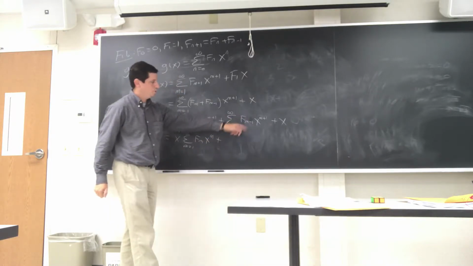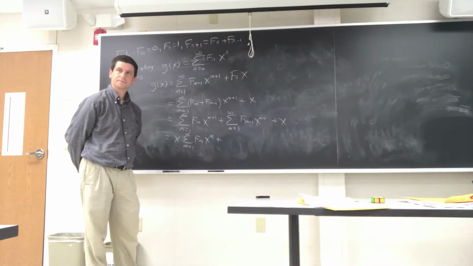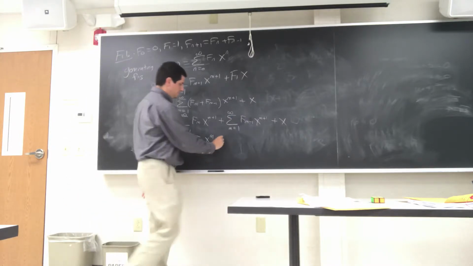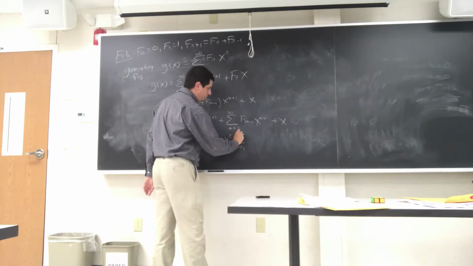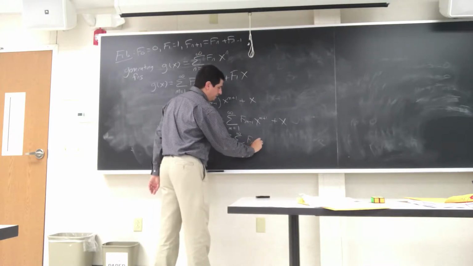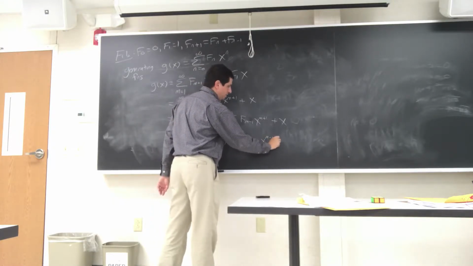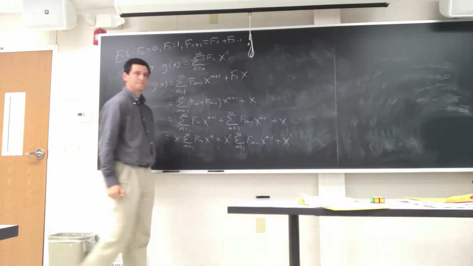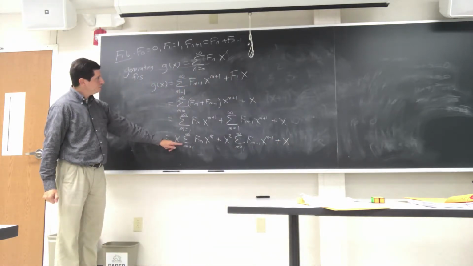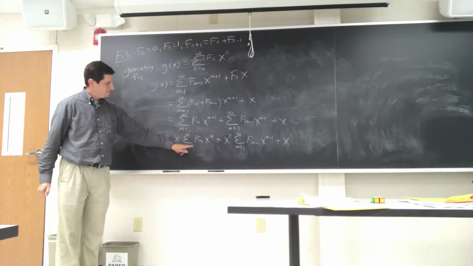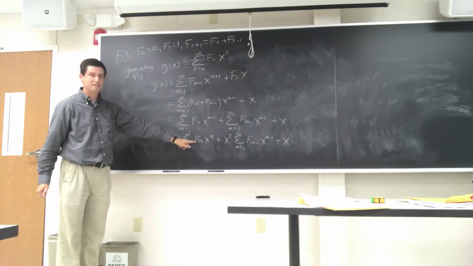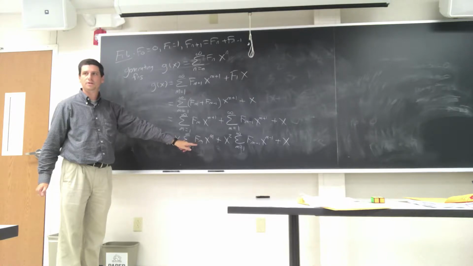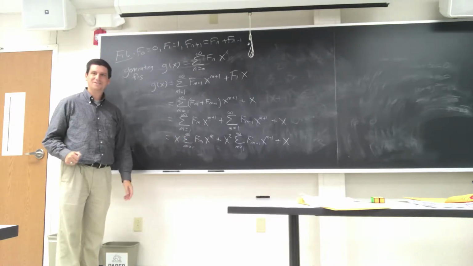For this one, what would we want to pull out? X squared. An x squared. Then we have a sum, m goes from 1 to infinity, of f_{m minus 1}, x^{m minus 1}, plus x. And now if you look at what we have here, this function is almost the same as g of x. It differs from g of x in that it doesn't have the f0 term. Oh, but what's the f0 term? 0.